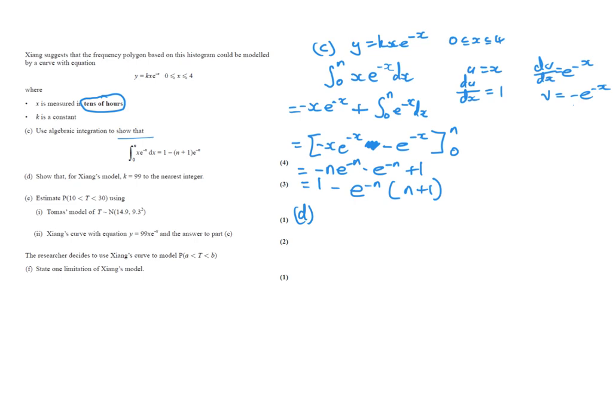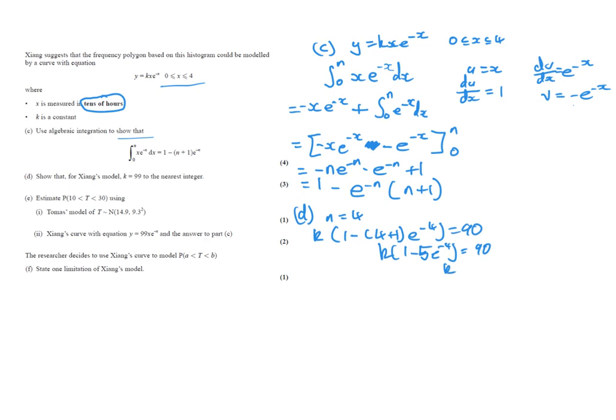So therefore, if we're integrating where the model is, so from 0 to 4, then substituting in n equals 4 should give us a total of 90, because that's all the people. So k times 1 minus n plus 1, e to the minus 4 is 90, and so therefore we've got k times 1 minus 5 e to the minus 4.